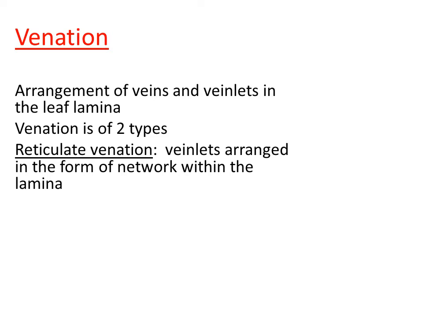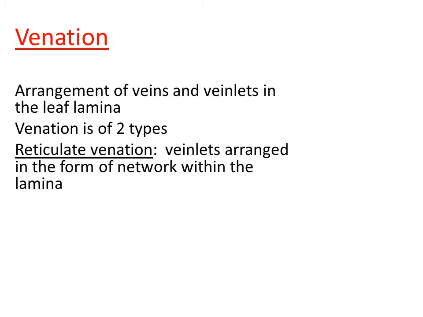What do you mean by reticulate venation? In case of reticulate venation, the veinlets are arranged in the form of a network within the lamina. Network means the veinlets are connected with one another. This connection of veinlets shows the network in the leaf lamina.